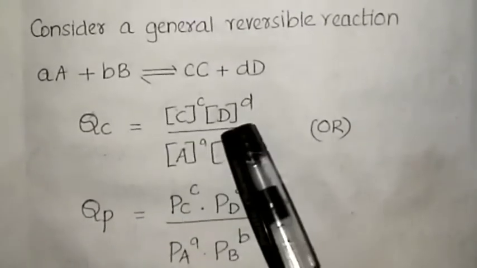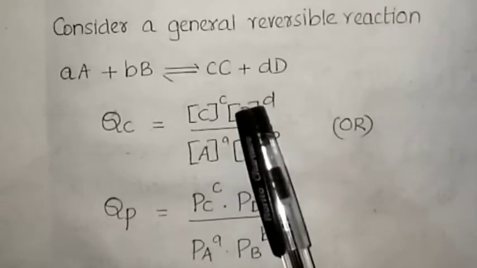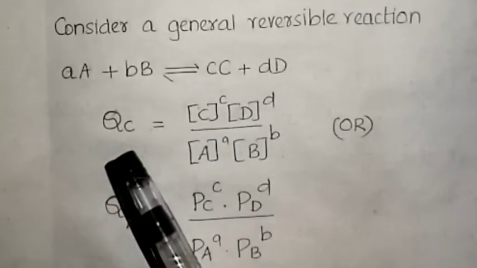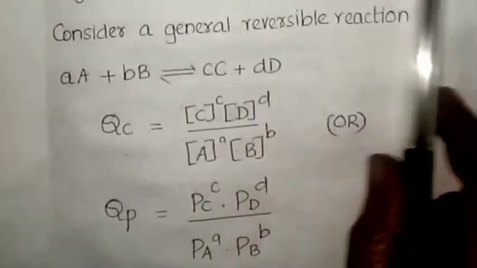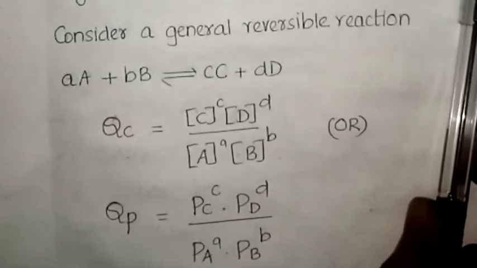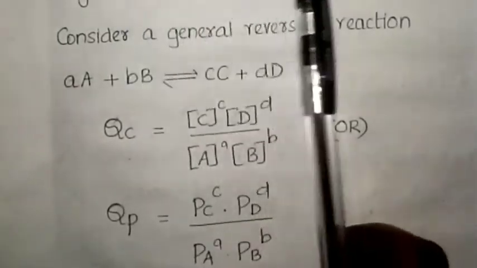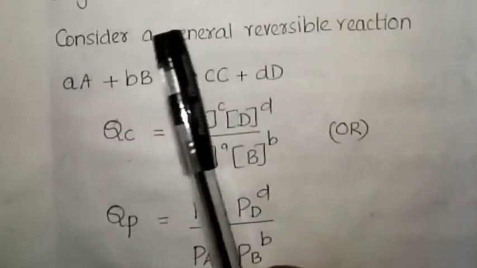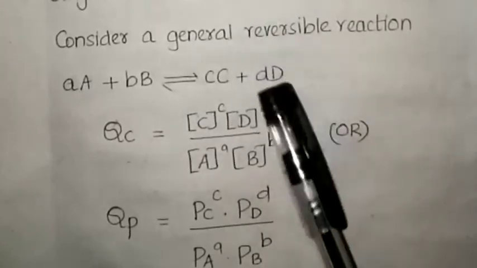But if this ratio is not a constant, then we call it the reaction quotient. The ratio of the product of concentrations of products raised to the stoichiometric coefficients to the product of concentrations of reactants raised to the stoichiometric coefficients at any instant other than equilibrium is known as reaction quotient.